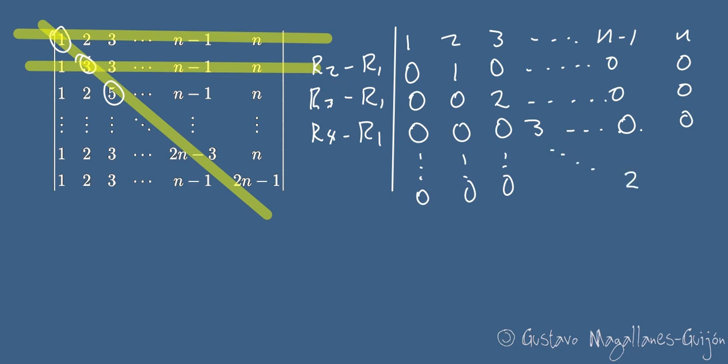In this corner is 2n minus 1 minus n. And we have a new diagonal. This diagonal is consecutive numbers.